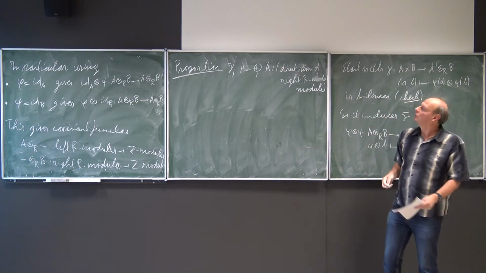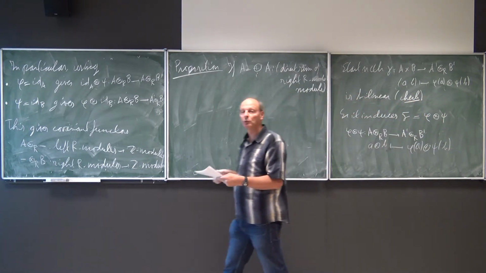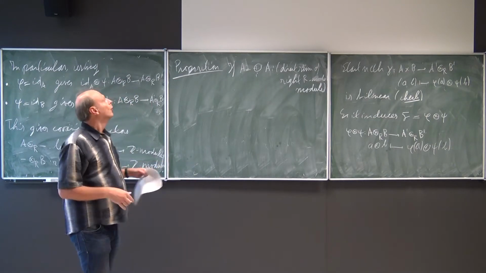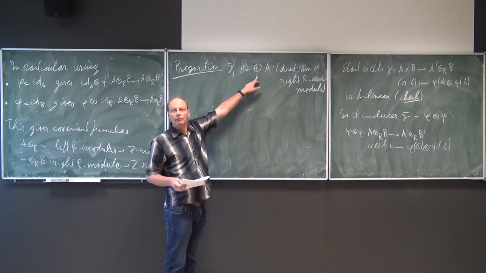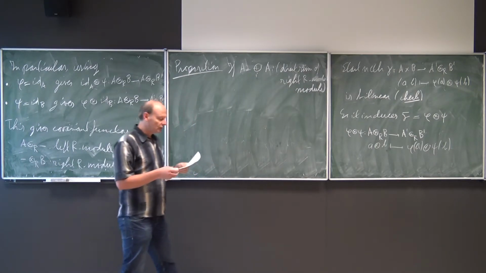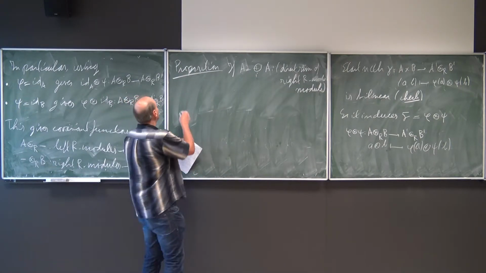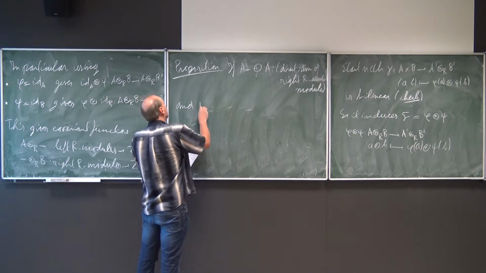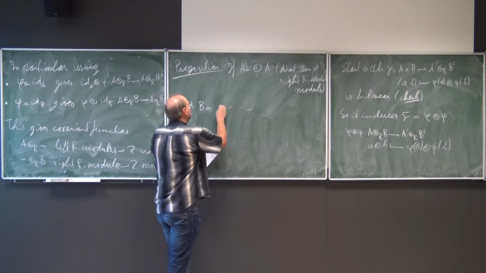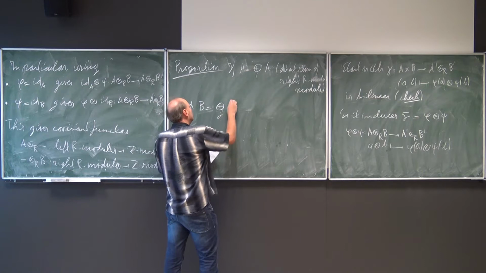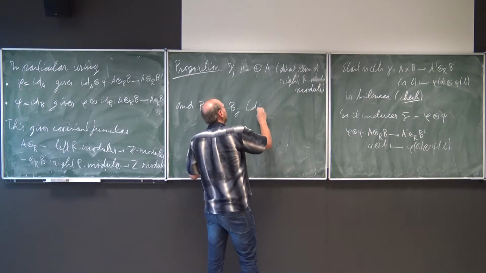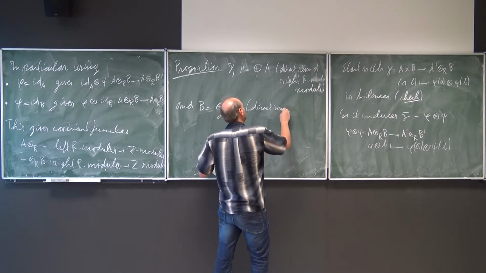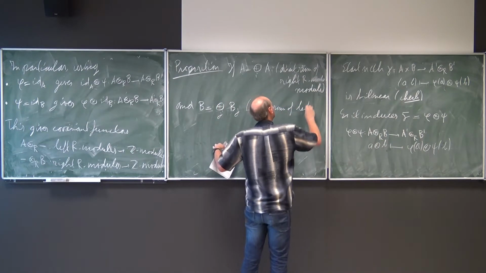So let's just do everything coordinate-wise, and if you multiply on the right by r, you multiply in every coordinate. It could be finite, but if this is a big sum, then you would have only finitely many coordinates not equal to 0. And I can do something similar for B. So this would be a big sum maybe of Bj's, and this will now be a direct sum of left R modules.